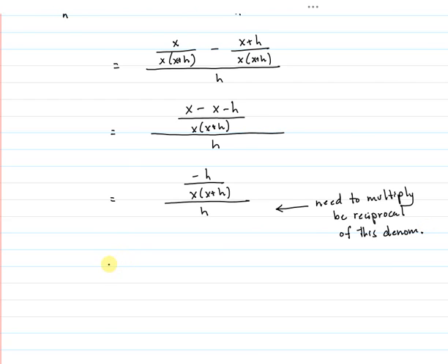So I'm going to have negative h over x times x plus h times, now the denominator is just h, so the reciprocal is 1 over h.